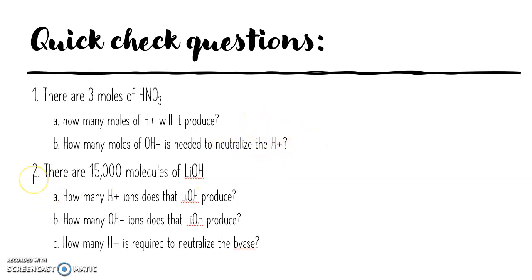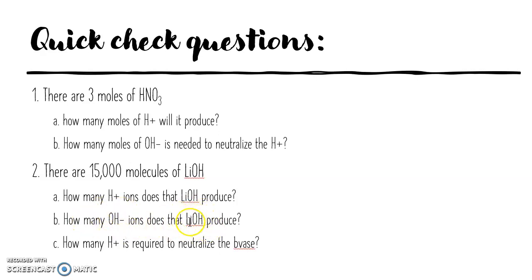So looking at 2, there are 15,000 molecules of lithium hydroxide. How many hydrogen ions does that lithium hydroxide produce? Well, that's actually a trick question. That's not an acid, so it produces no hydrogen ions. Well, how many hydroxide ions does it produce? Lithium hydroxide is a base, so it will produce hydroxide ions.